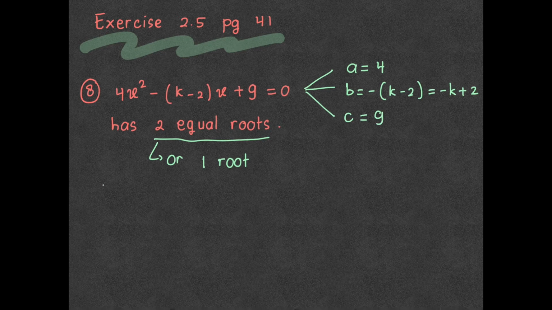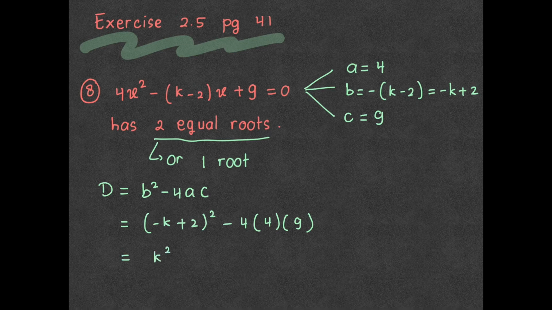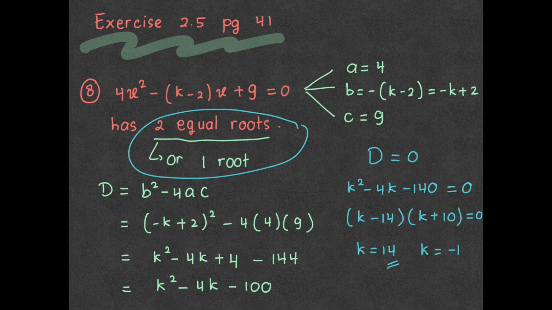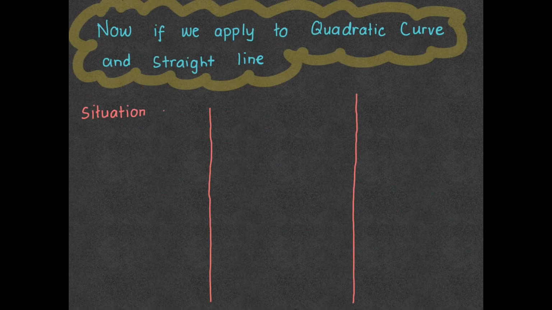Define A, B, C as usual, and then find the discriminant D. Be careful with the B. Because of two equal roots, or one root, the characteristic of the discriminant is D equals 0. Then solve for K. Now you have two values of K. Okay, do you understand these examples?